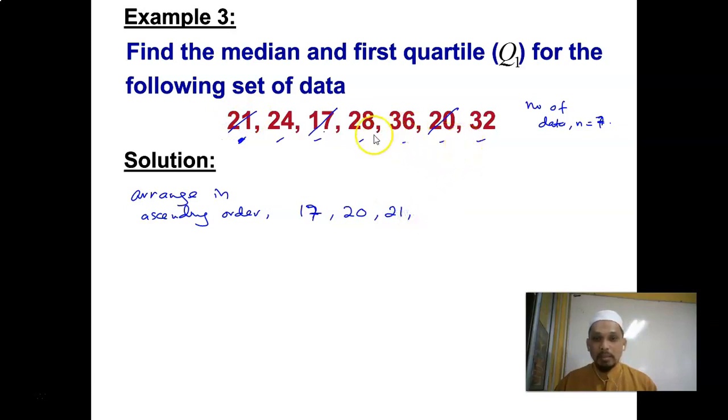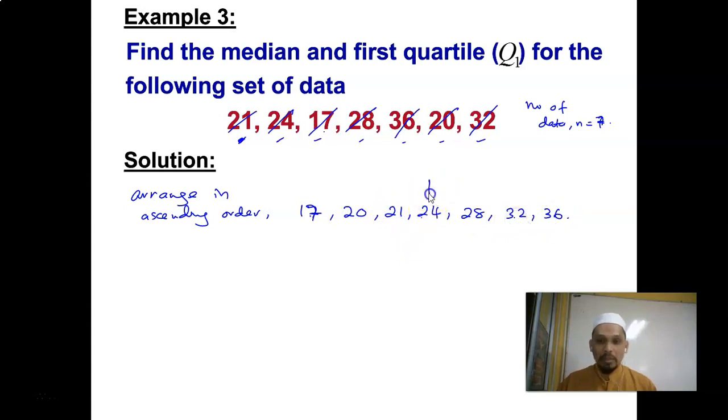Then 24, 28, 32 and 36. Okay. So now from this arrangement here, 1, 2, 3, 4, 5, 6, 7.